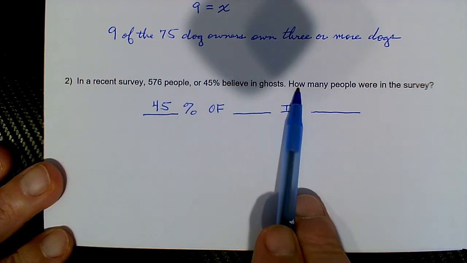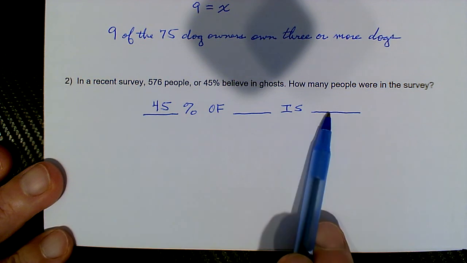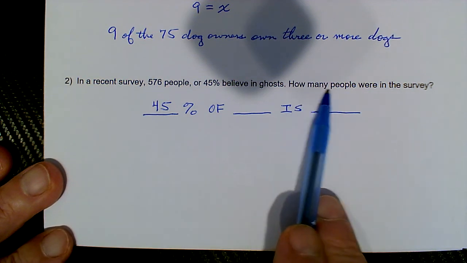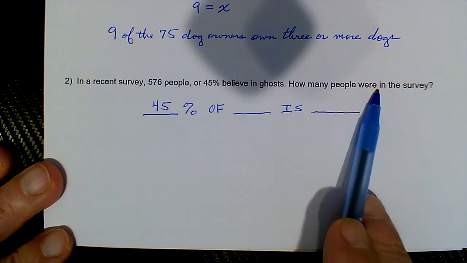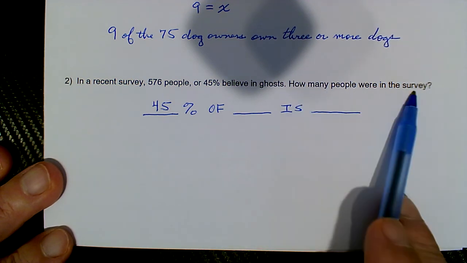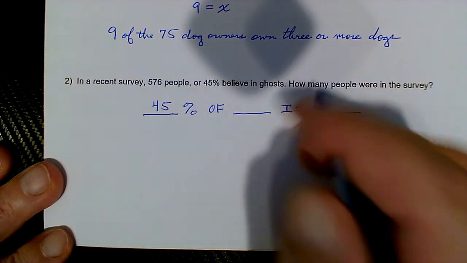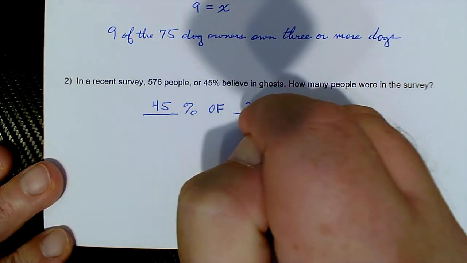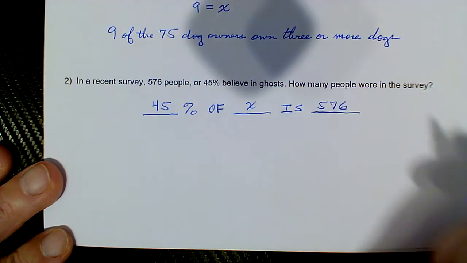And you can even further realize that the 576 represents the part, or the portion, when you read this part of this sentence, how many people were in the survey. So that's the total number of people in the survey. That would be the base, or the whole. So the base is the unknown, and the part is the 576.